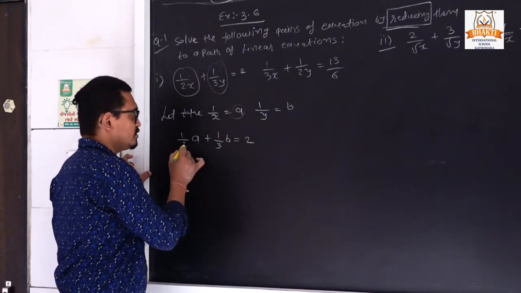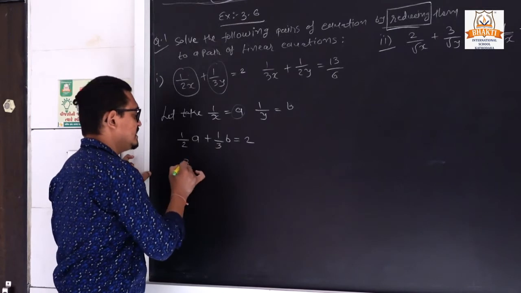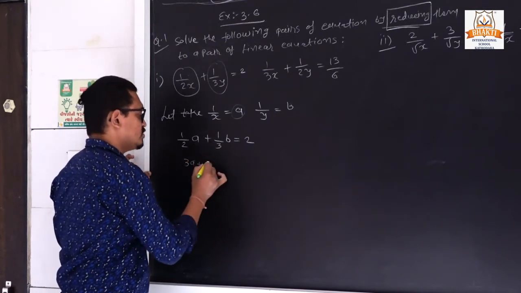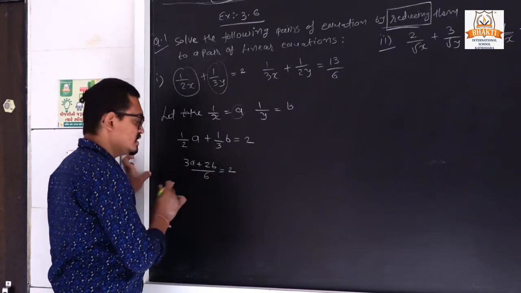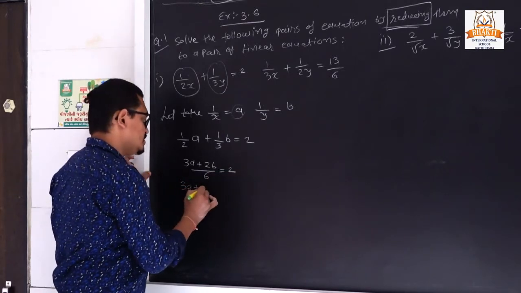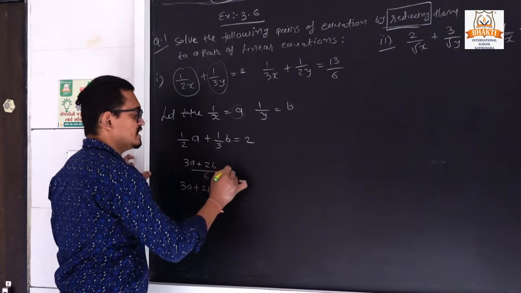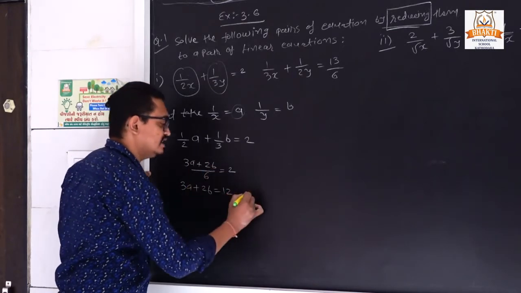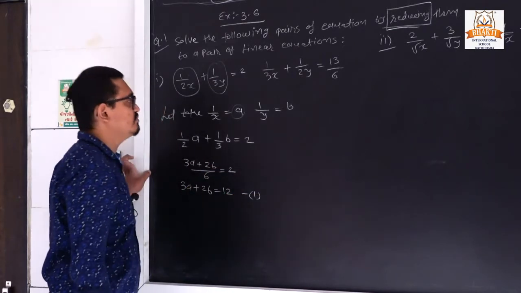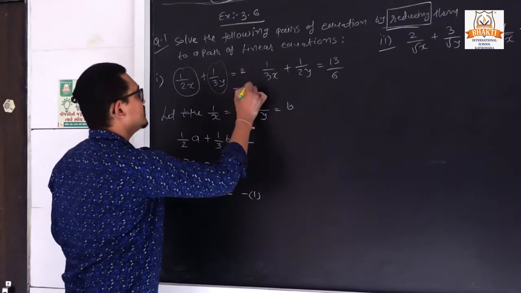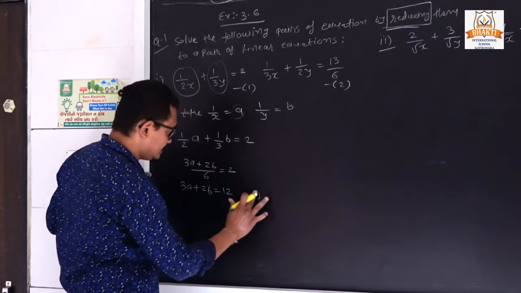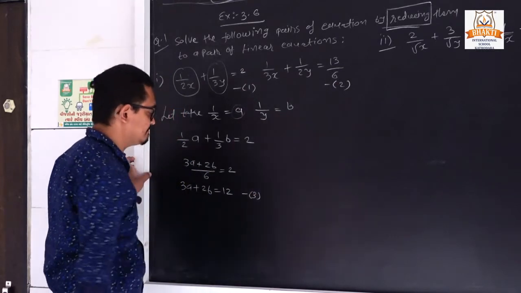Now take the LCM of 2 and 3. So 3 ones are 3a and 2 ones are 2b, and 3 twos are 6, which is our LCM. So 3a plus 2b is equal to 12, because the 6 goes to the other side. We can declare it equation number 1.